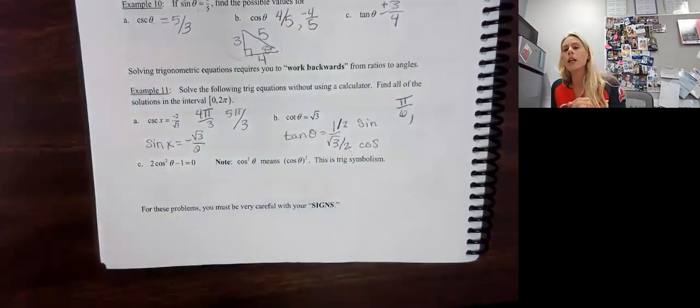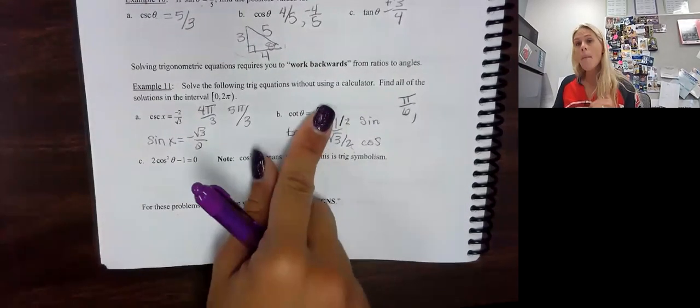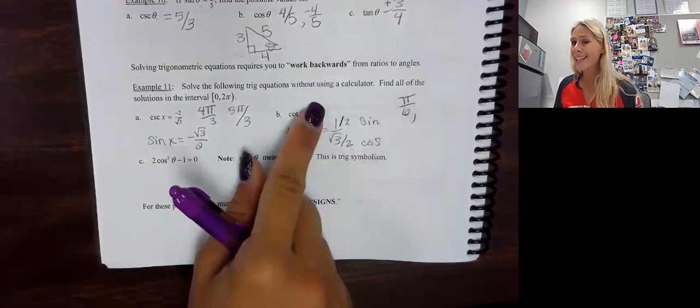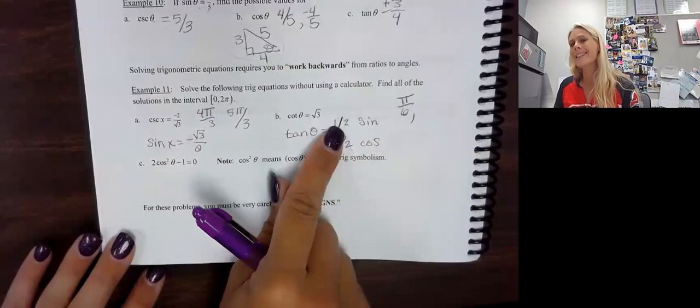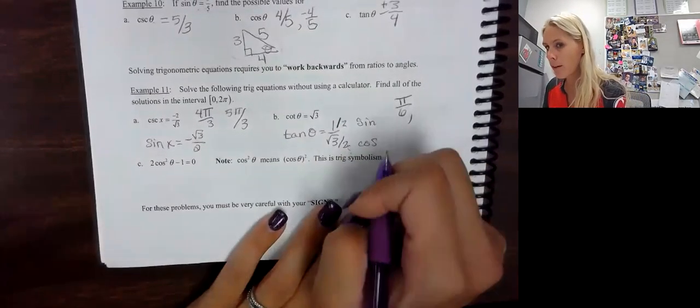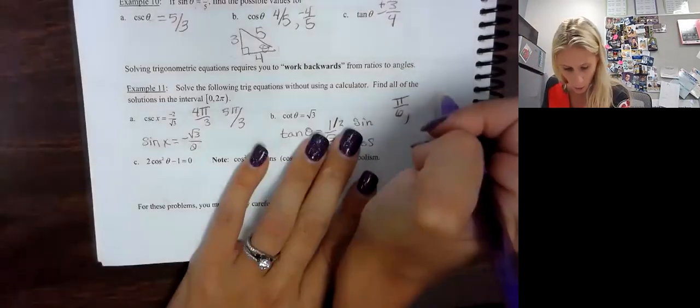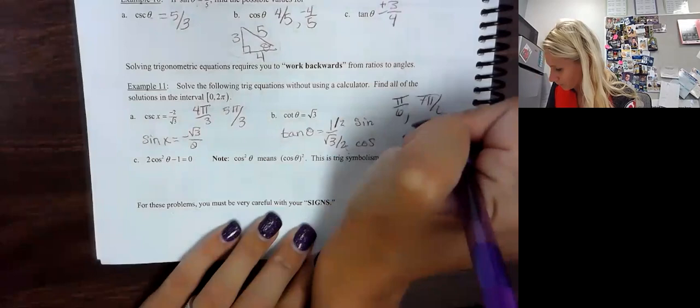If tangent is going to be positive, can't we have a positive over a positive, what we do right here, but we also can have a negative over a negative. So find on your unit circle where sine is negative 1/2 and cosine is negative square root of 3 over 2. And you will get 7 pi over 6.